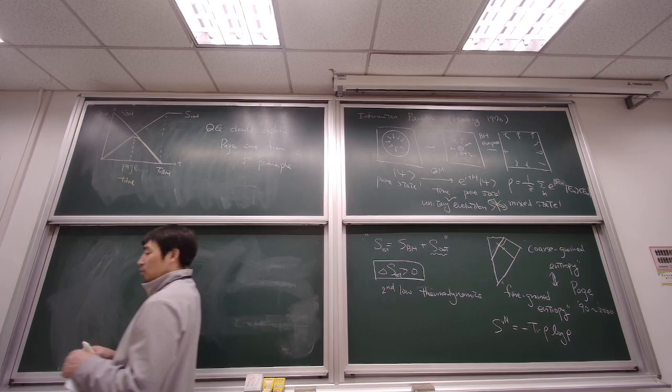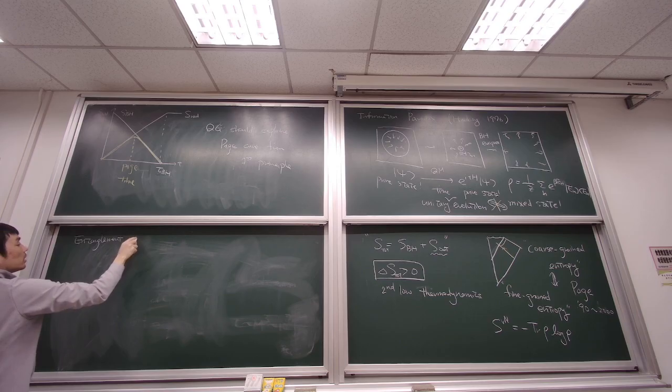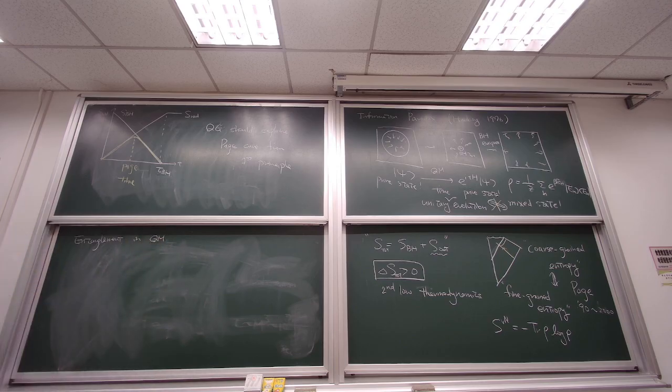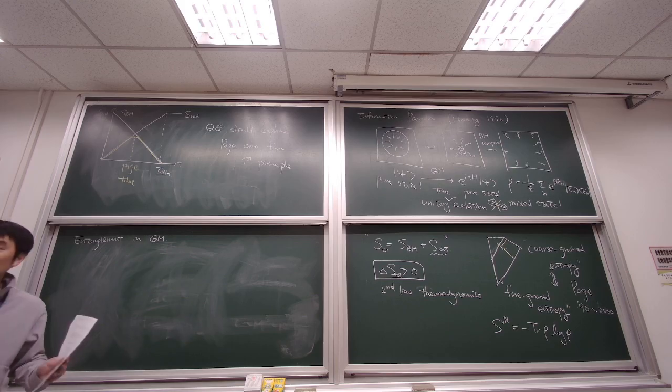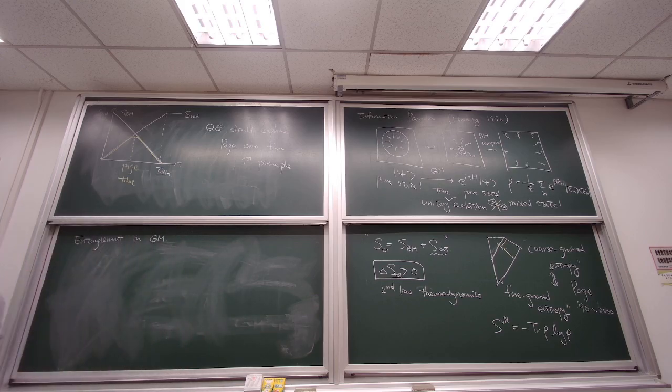Some of this may be too easy, but I think it's good to review some basics of quantum mechanics from the quantum information aspect. So, entanglement in quantum mechanics. It's so easy, some people may get bored.